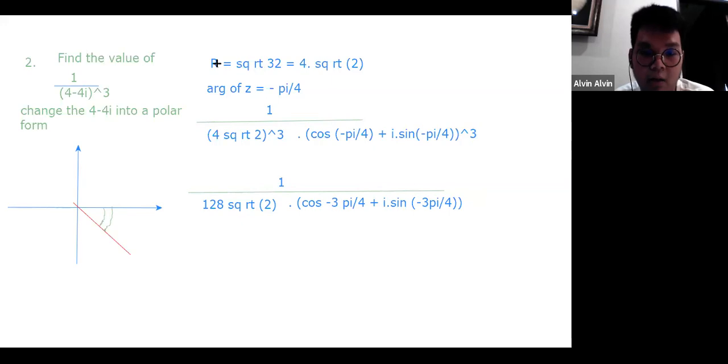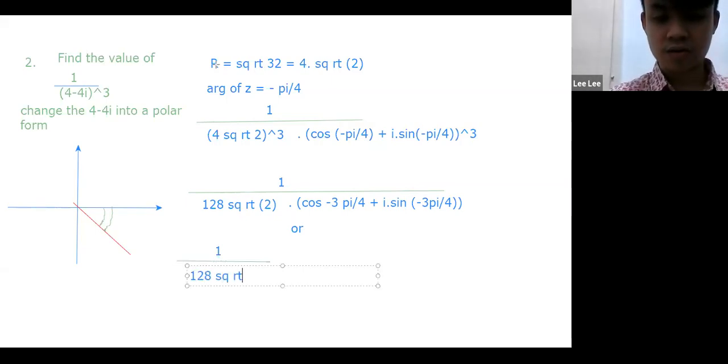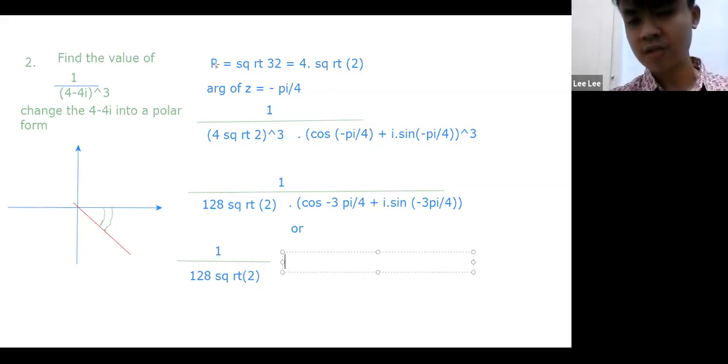So there's one more option. The number you write, the number doesn't change, 128 square root 2, right? But for the complex number, just now the power is 3 at the denominator, right?